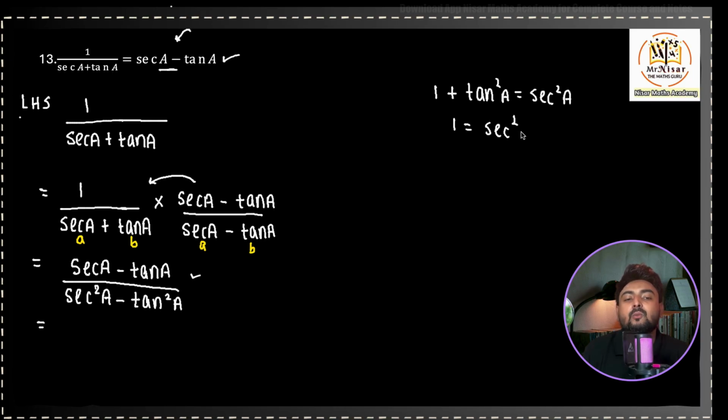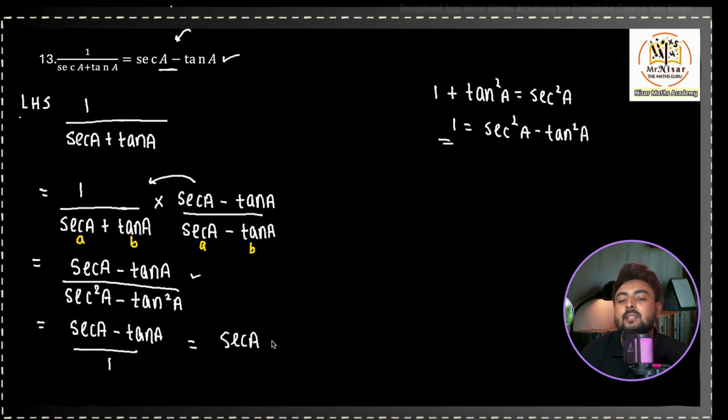So sec square A minus tan square A is 1. So yes, in the denominator we have 1. So the answer is sec A minus tan A, which is equal to the RHS. I hope it is quite clear to you. Let's go ahead to the next question.